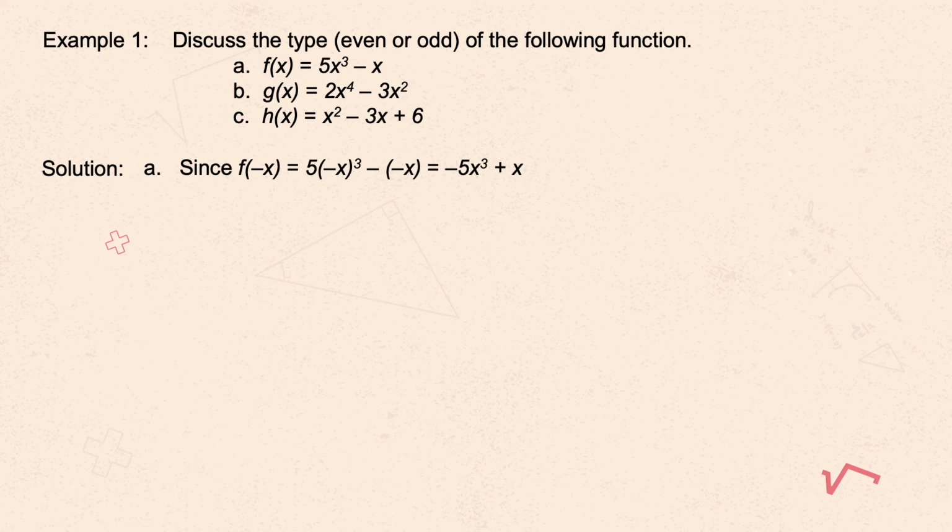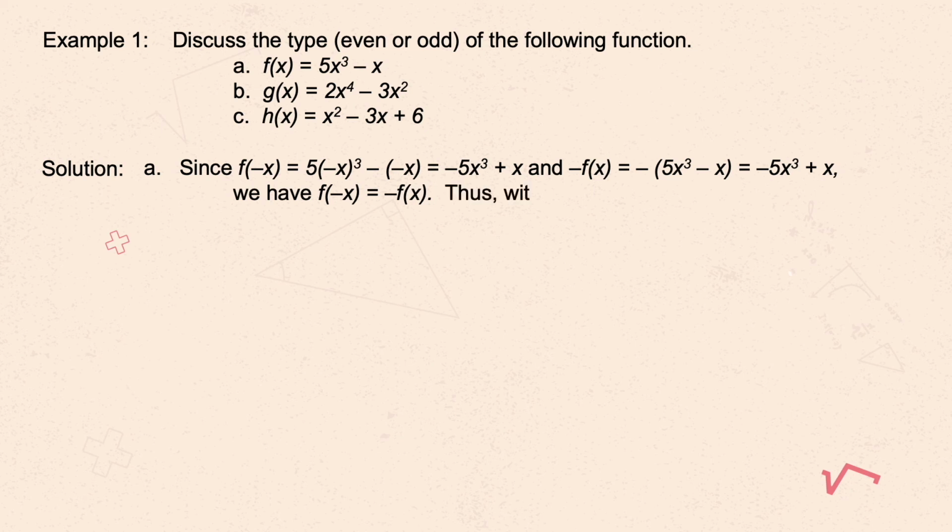So since our f of negative x is not equal to f of x, we'll find the negative f of x. Solving this, our negative f of x is negative 5x cubed plus x. Now notice here that we have equivalent polynomials, which are our negative f of x and f of x. So we can say, without graphing, the graph of f of x would be symmetric to the origin.